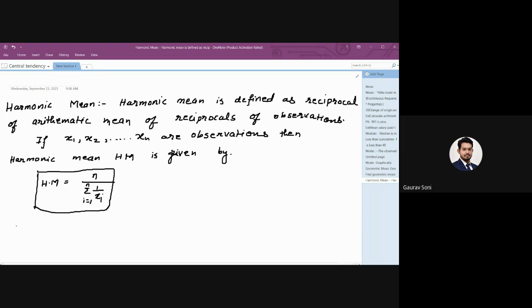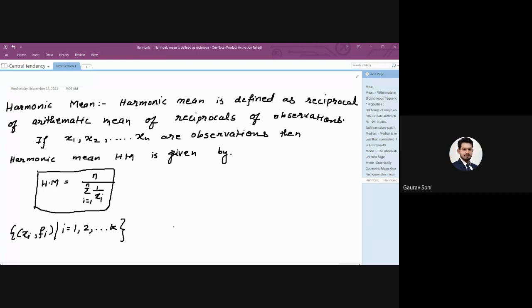What if we have the distribution in the form xi, fi with i running from 1 to k? So it would be summation fi upon summation of 1 upon xi.